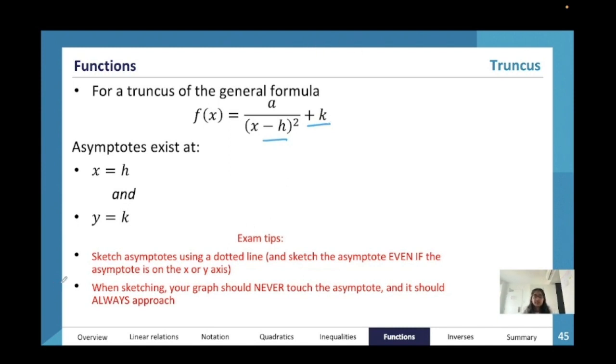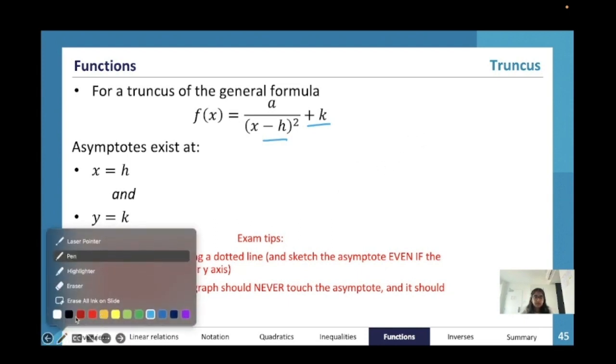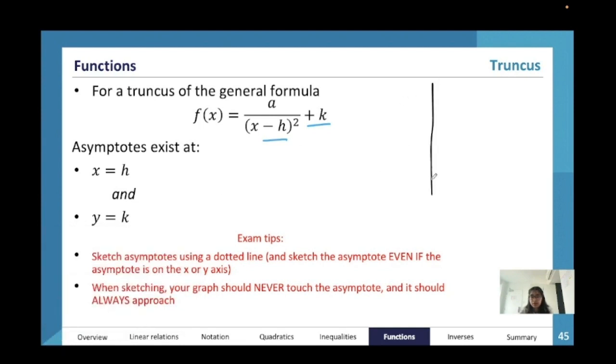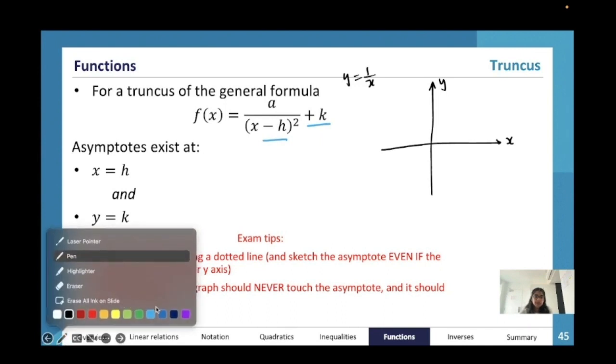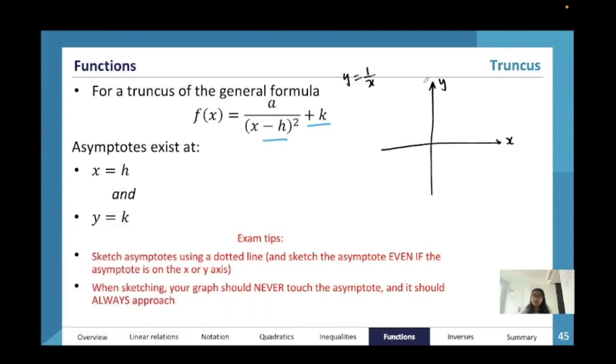A few exam tips. When you sketch asymptotes, make sure you use that dotted line, use a ruler, even if the asymptote is on the axis. For example, let's say you've got y, you've got x, and your graph is y equals 1 on x. Your asymptotes are y equals 0, x equals 0.